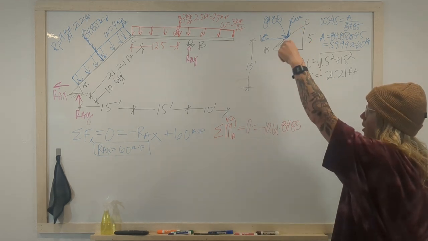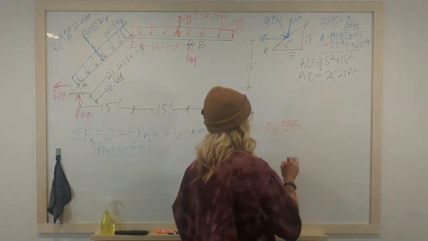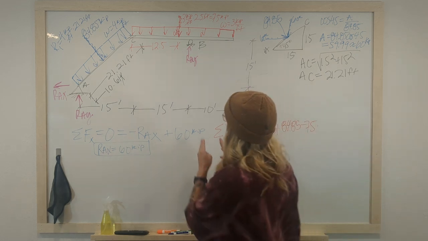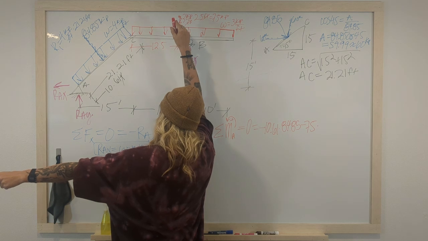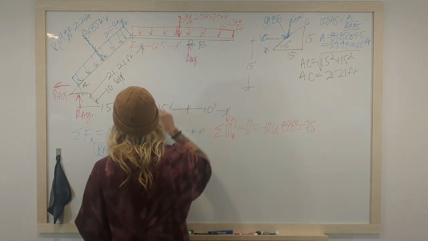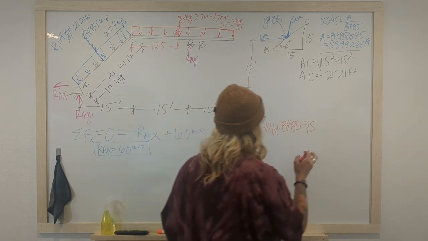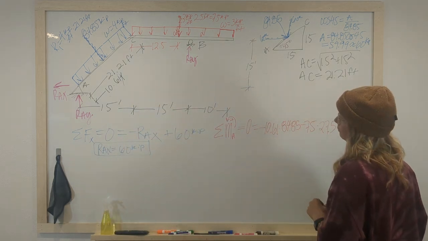Then we also have the 75 causing negative rotation. So minus 75 times what's its perpendicular distance? If that force is in the y direction, your perpendicular distance has to be in the x direction. So we have 15 plus 12.5, so times 27.5.